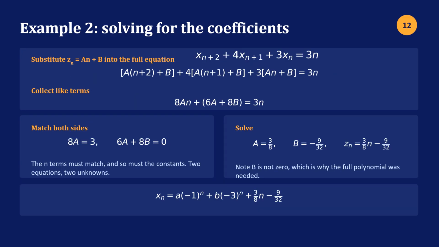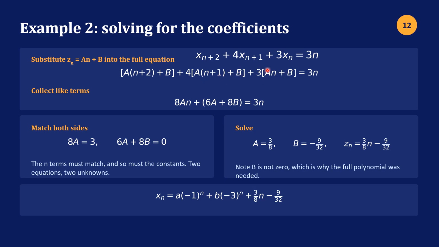Continuing with our example, we want to find a particular solution, and the table tells us to use a first degree polynomial because we have 3n here, so we want to mimic that. So a and b are constants. Plug that into here, so we have z sub n plus 2 would be this here, then z sub n plus 1 is 4 times this.